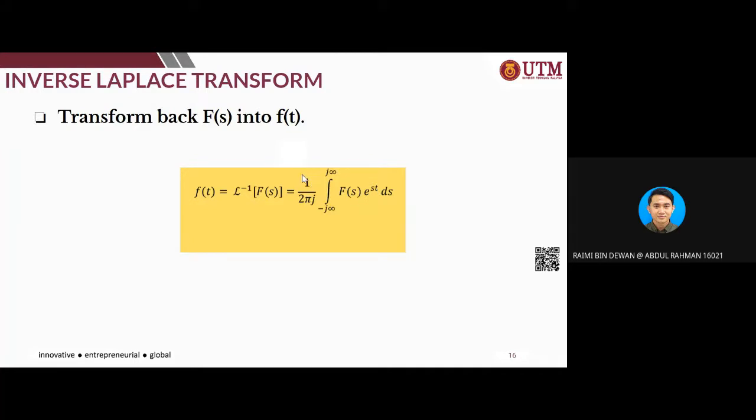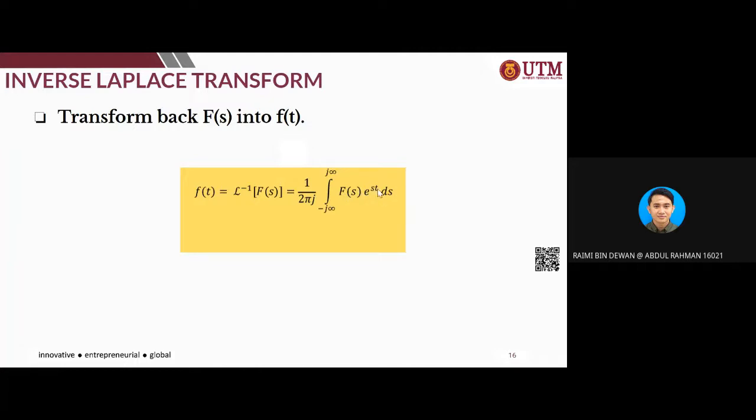So you can see it is multiplied with 1 over 2 pi j, and then integrated over a range from negative j infinity to j infinity, of F(s) times e^(st) ds.